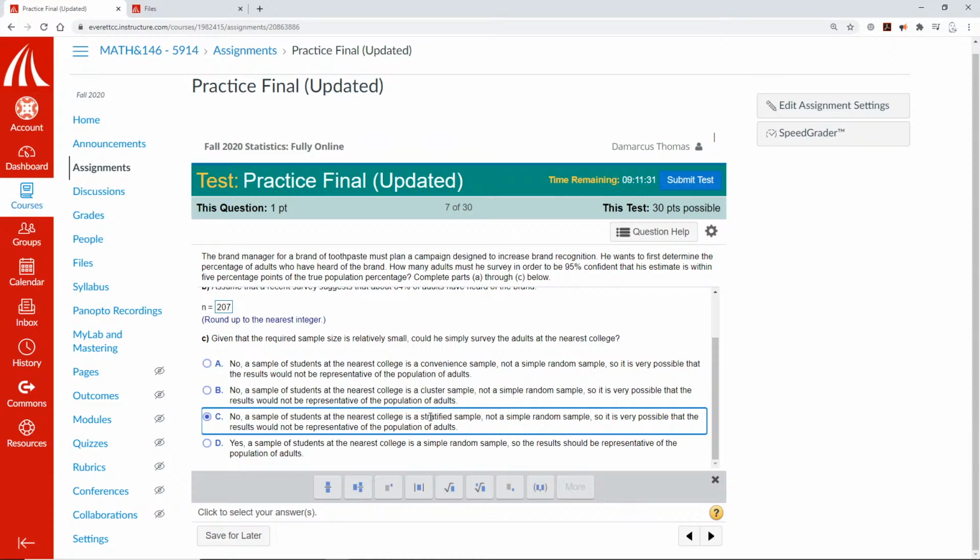And so if we happen to take a simple random sample from that college, then it would work as a stratified sample. So that's one of the reasons why I'm going with it. But you could choose other ones as well, probably, and still be right. So yeah, that was a good question.